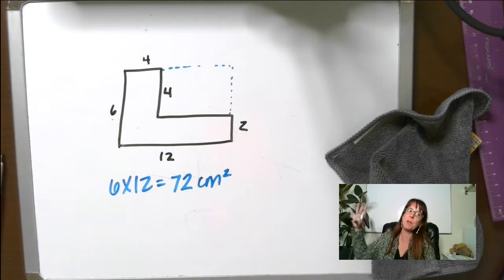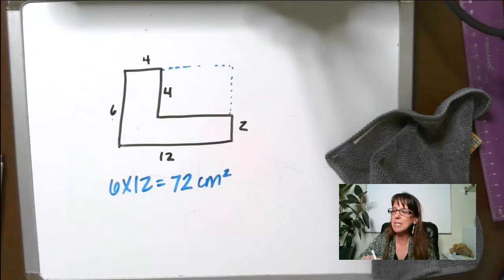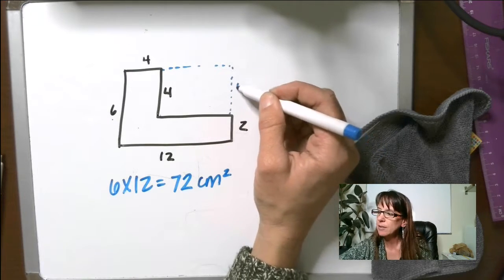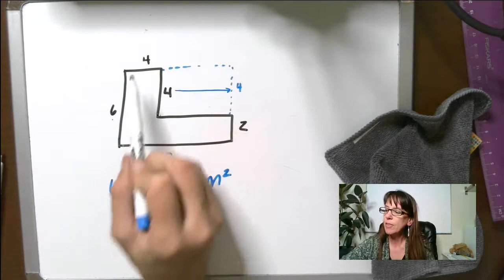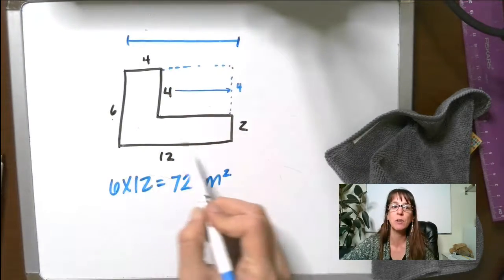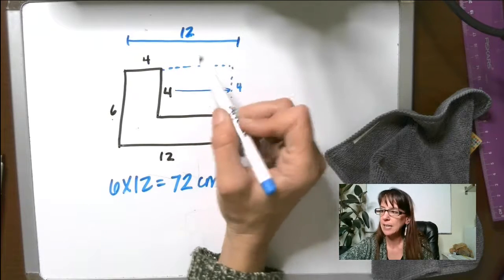But a shark came along and it took a bite out of this, and it's this bite right here. How big was that bite? Well, it looks to me like, since this guy is 4, right? So I'm gonna pop that out. That means that's 4, because I can just pop it that way, right? Now, this whole thing is 12 up here, and I know that because this is 12 right here. 12 minus 4 is gonna give us 8.